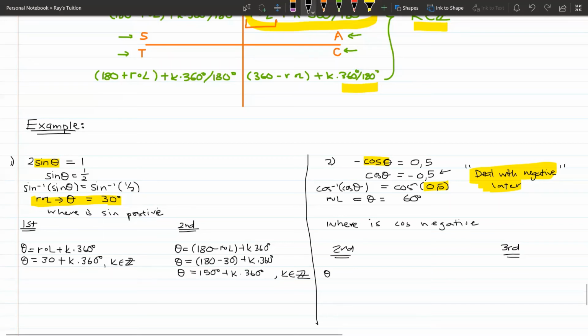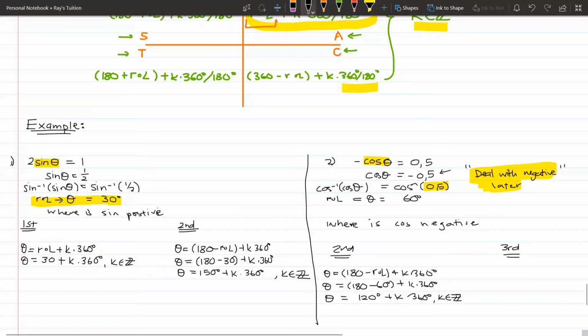Then we write the general solution. For the second quadrant, it's 180 minus your reference angle plus k times 360, because that's the period of cos. So theta is 180 minus 60 plus k times 360. So theta is equal to 120 plus k times 360, and that is our one solution. Don't forget to write that k is an element of integers.